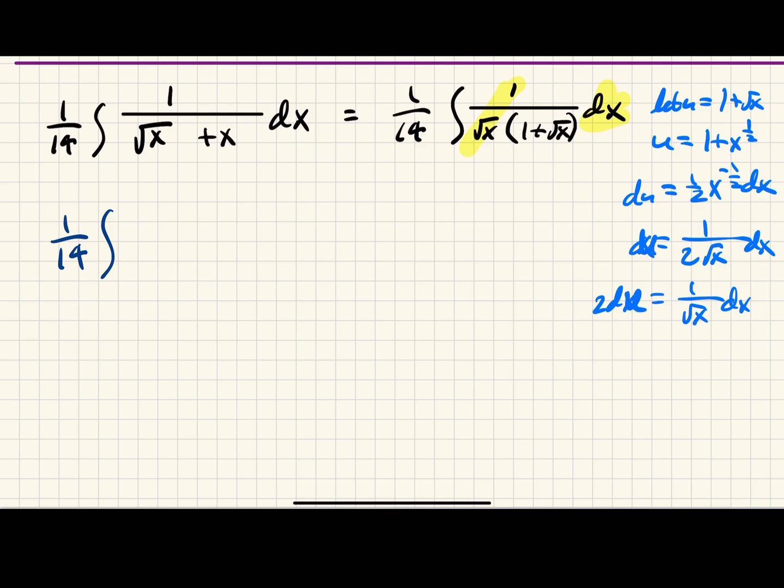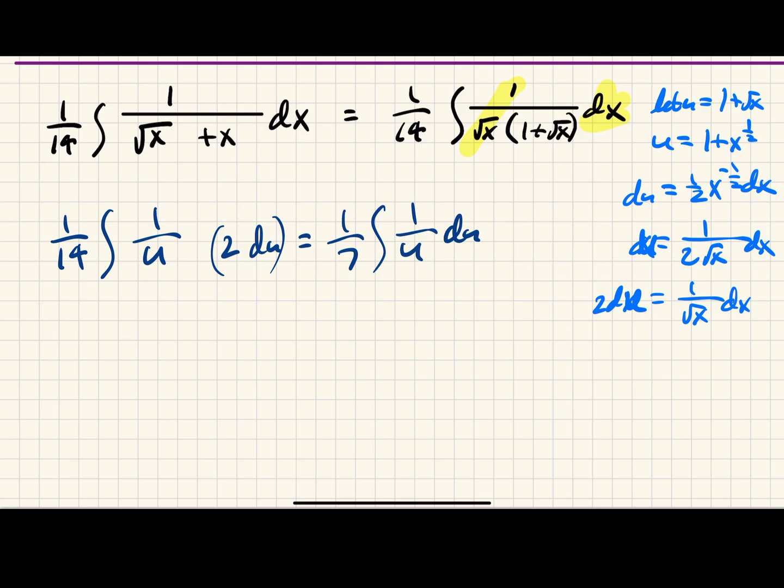Is 2 du. I'm going to just write that out here, 2 du. And then the 1 plus square root of x part is just 1 over u. So I have 1 over u, and then that 2 du. So I'll multiply the 2 on the outside, and that just becomes 1/7, right? Integral 1 over u du.